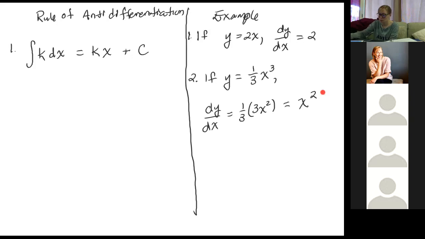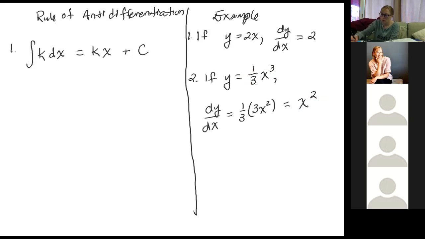So now if I start with this derivative and I want to work backwards to find the antiderivative, it looks like this power is 1 more than this power. And then my function here is being multiplied by 1 over whatever that increased power is.